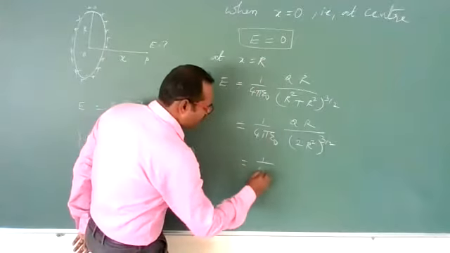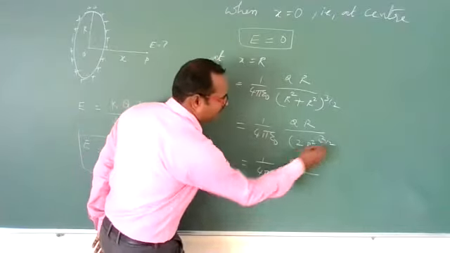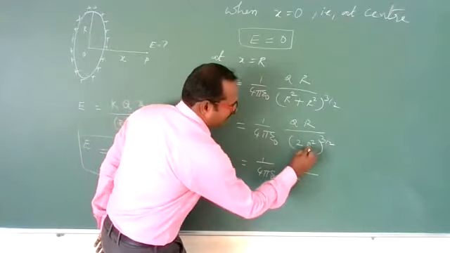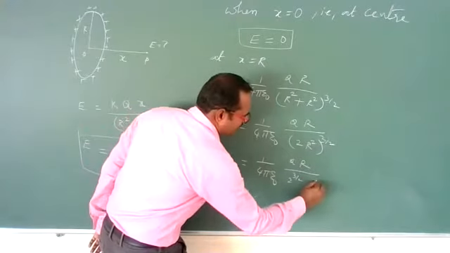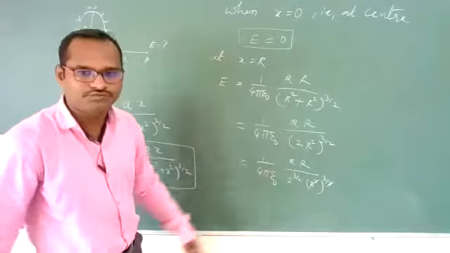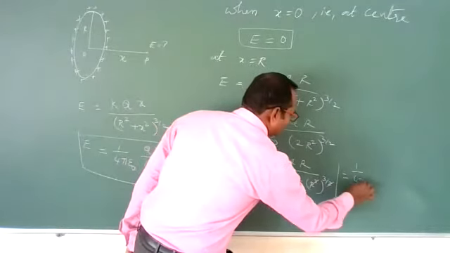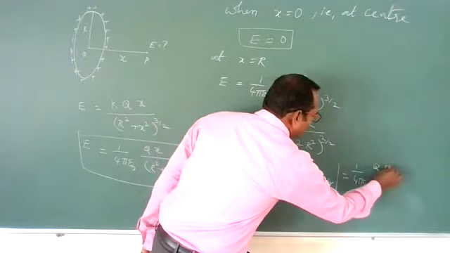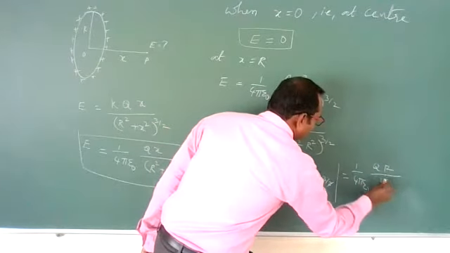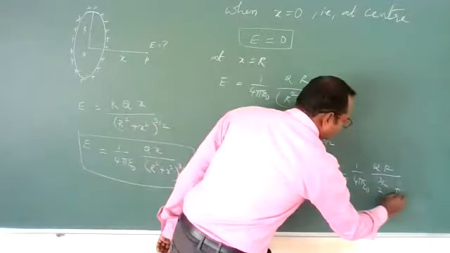So we get 1 by 4 pi epsilon naught, Q into R divided by 2 power 3 by 2 and R power 3 by 2 of R square, these combine to give R cube. So you get 1 by 4 pi epsilon naught, Q into R divided by 2 power 3 by 2, R cube.